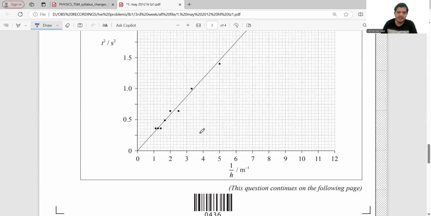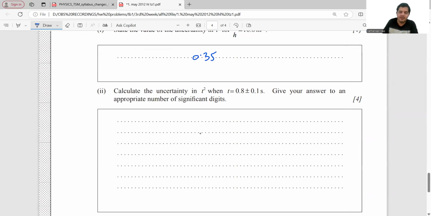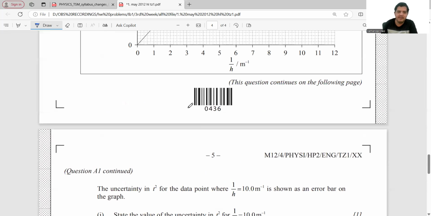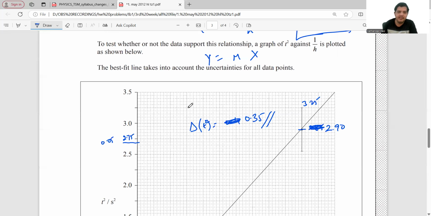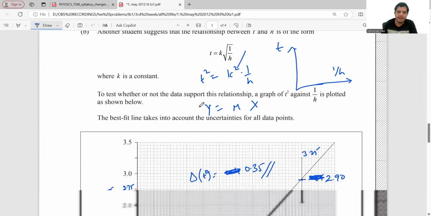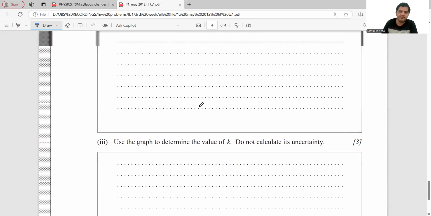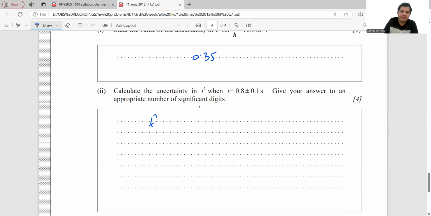Now we know that t is given over here, and we have an equation. The equation given here is t square equal to k square into 1 by h, right? Let us take that value. So we have t square equal to k square into 1 by h. Let me take y is equal to t square. So delta y by y will be equal to 2 times delta t divided by t.